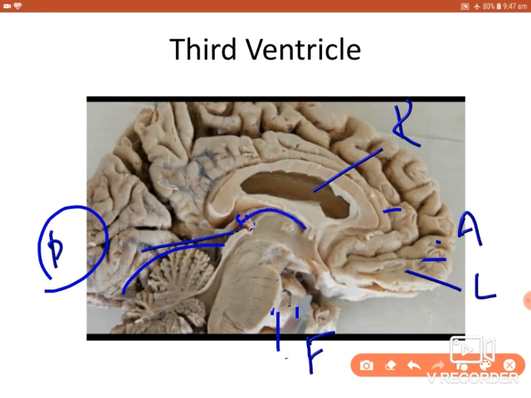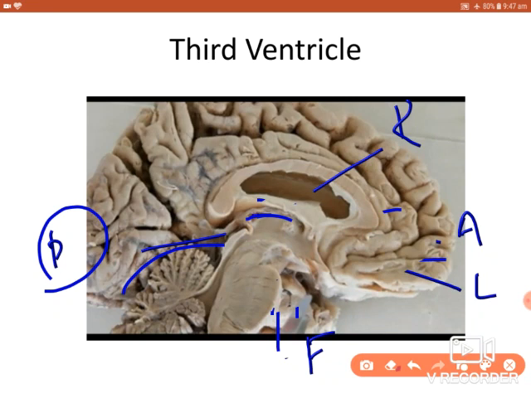Then here comes the roof. In the roof, you can see the thalamus, the superior surface of the thalamus. Between the superior surface of the thalamus and the fornix, you can see a fissure. That fissure is called the choroid fissure. There you can see the choroid plexus. This cavity is lined by ependymal cells.